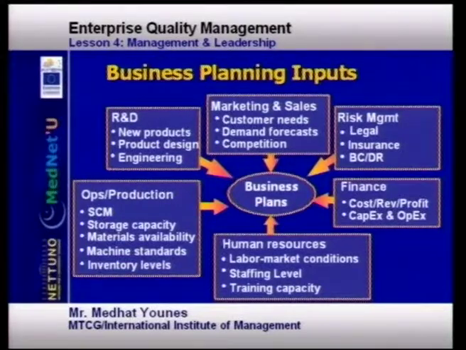A business plan normally consists of 7 sub-plans: marketing and sales, risk management, finance, human resources, production and operations, and of course supply chain management. Because of the lack of space in this slide, we included the supply chain management inside operations and production.